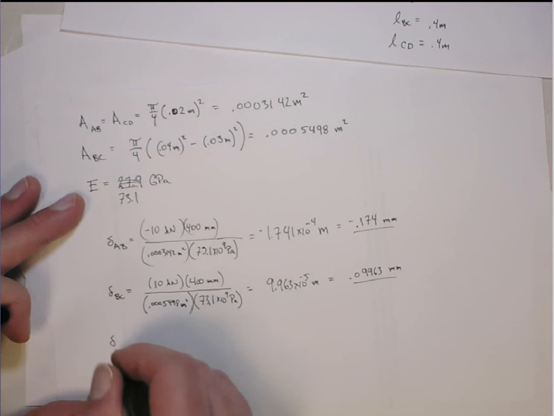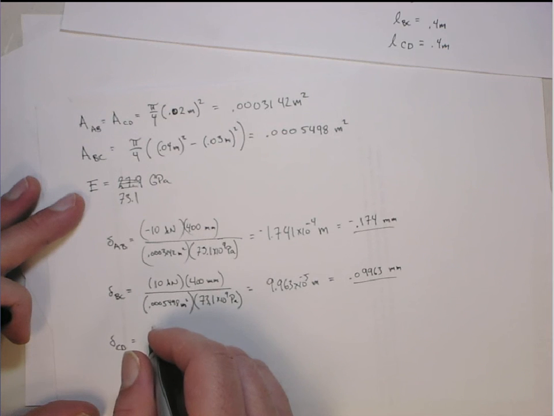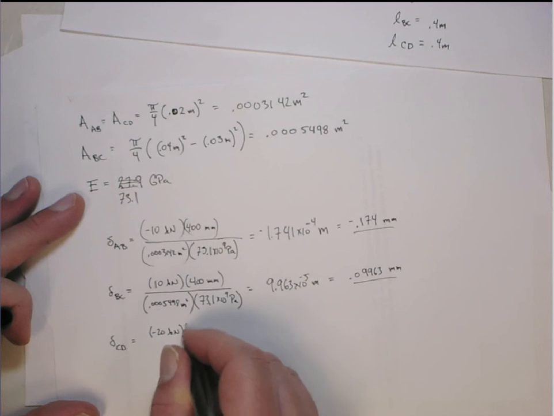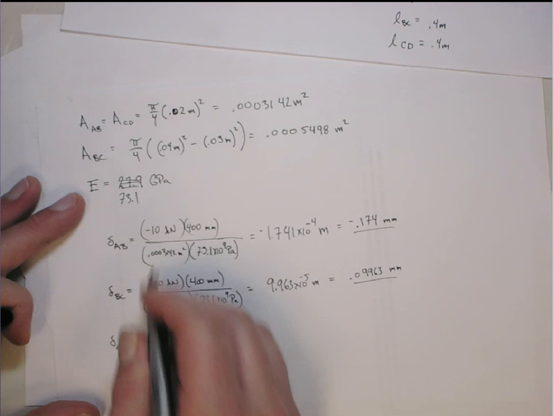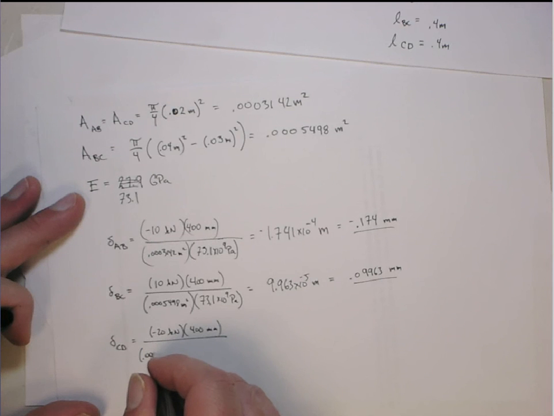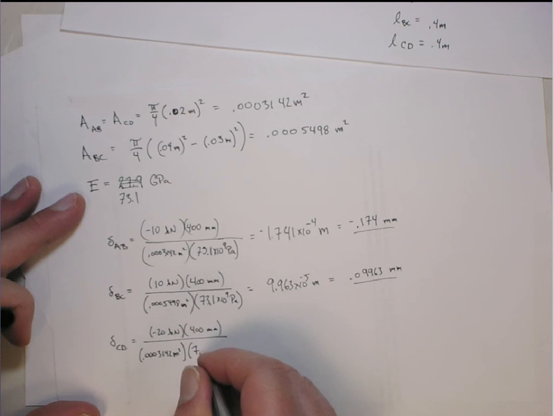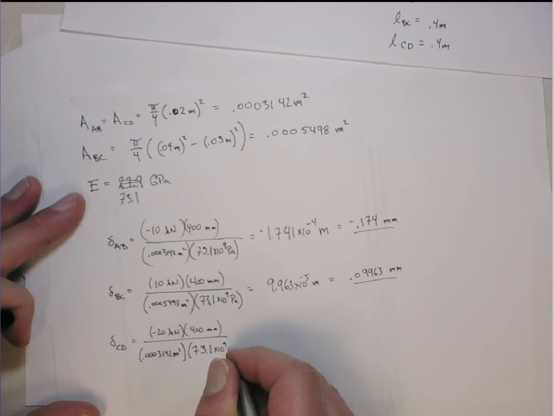And finally, let's do CD. So that is the axial force in CD. We figured out was minus 20 kilonewtons. Its length is again 400 millimeters. The cross-sectional area is the 0.0003142 meters squared, and it's the same 73.1 times 10 to the 9th pascals.